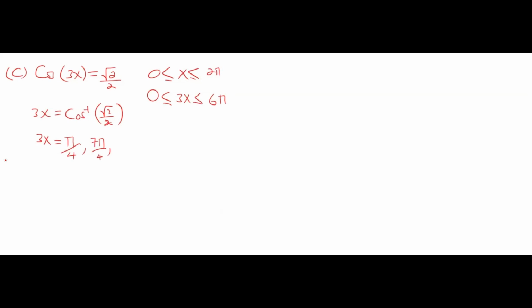So I have to add 2 pi to that. If I add 2 pi to that, that gives me 9 pi, because 2 times 4 is 8 plus 1, 9. So 9 pi on 4. Add 2 pi to this, so that gives me 15.